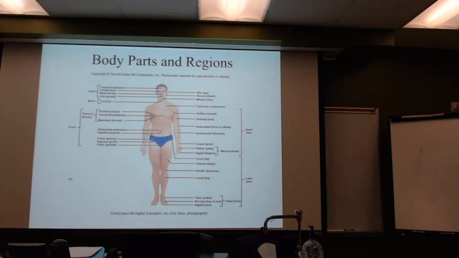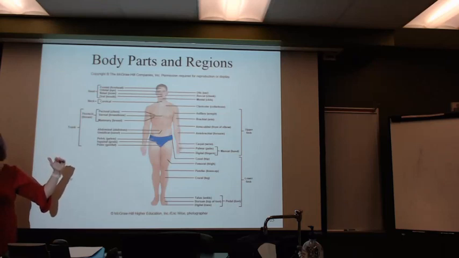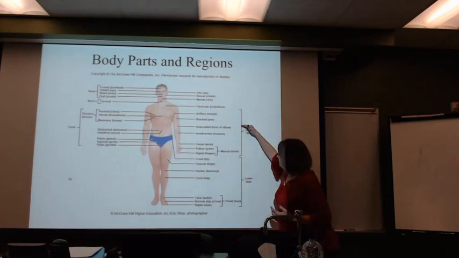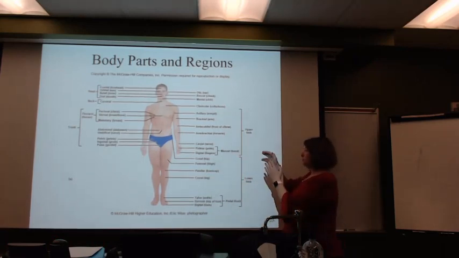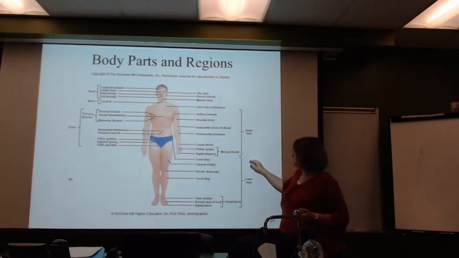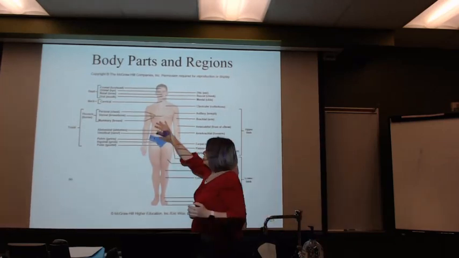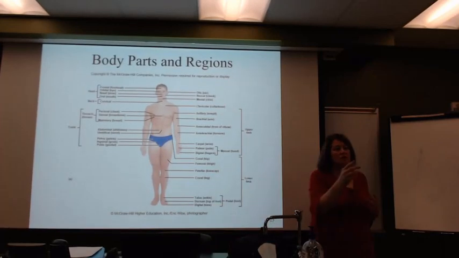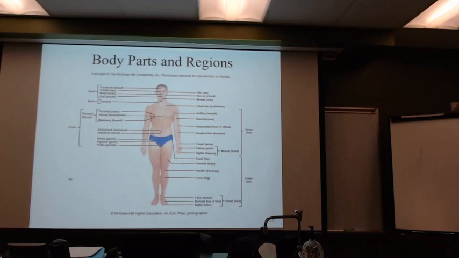So we have our regions of the body. Now we got quite a few, okay? We end up having our large portions, okay? Upper limb, lower limb, trunk of the body, neck, head. But each of those get broken down into smaller regions.